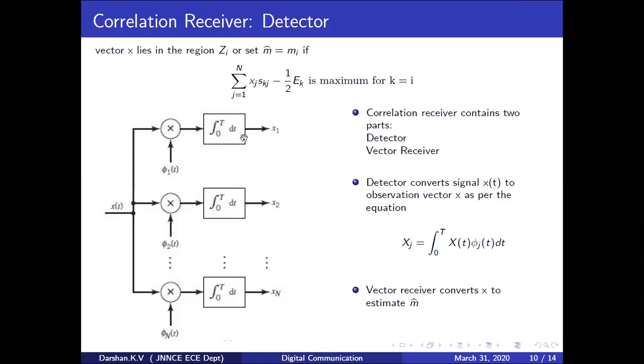So signal x of t is converted into vectors x1, x2, xn. All these elements constitute the vector capital X. Individual elements are given as x1, x2, xn. Generally, xj is the integral from 0 to T of x of t, phi j of t dt. So this block diagram generates the vector by generating its individual elements.